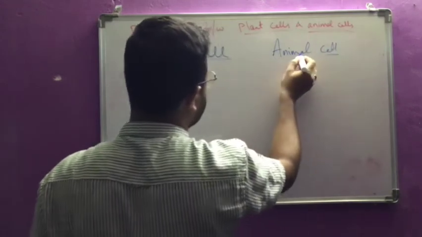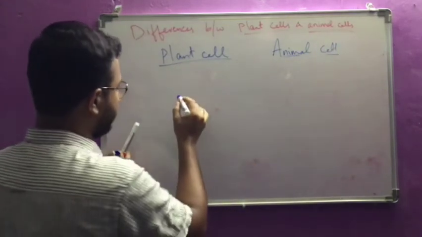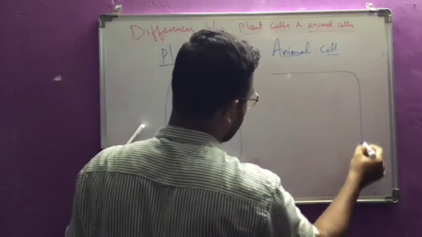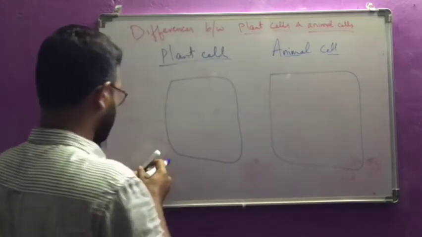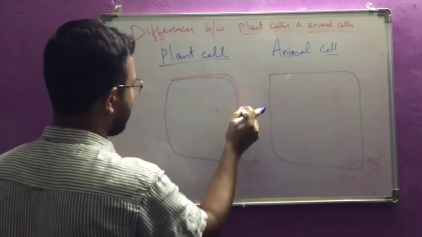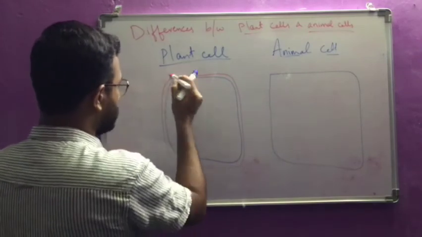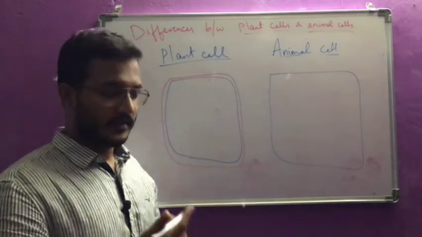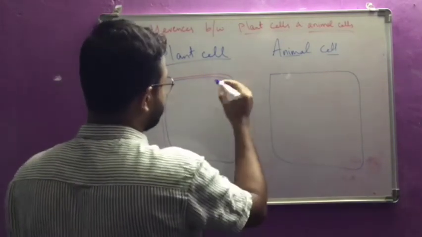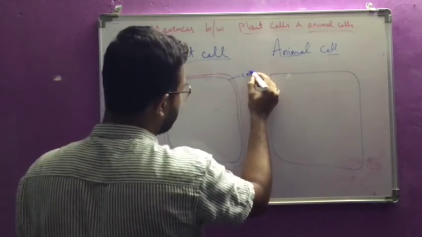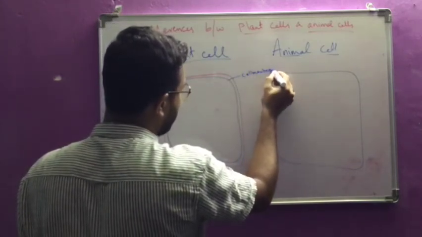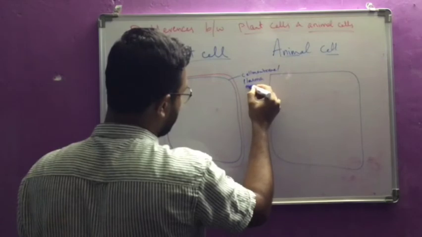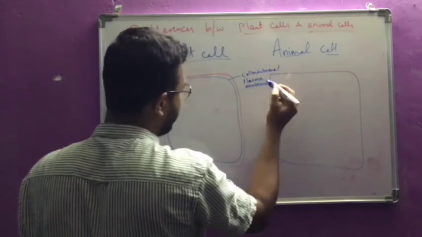The main differences between the plant cell and animal cell are: see here, by observing this we can find out that there are two layers here, and only one layer here.